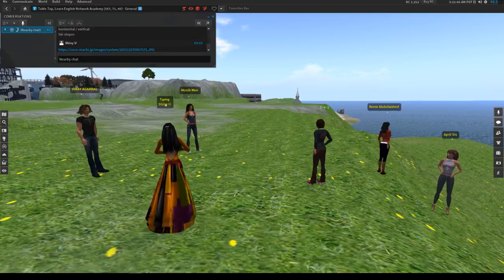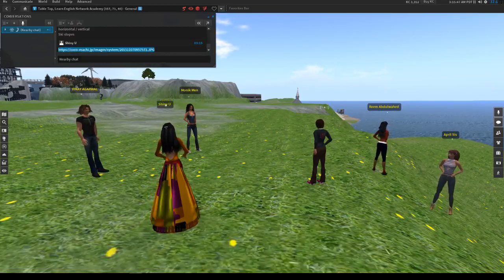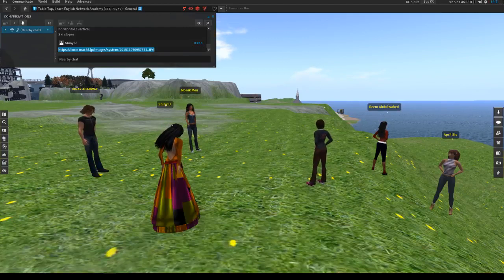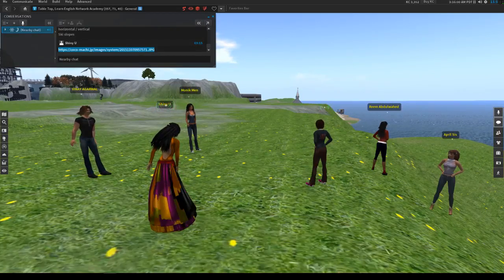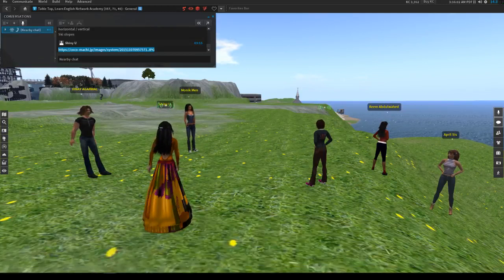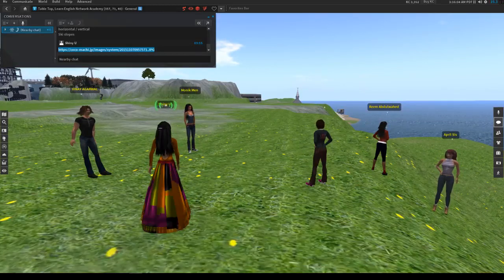Let's have a look what Shiny's showing us. Oh, pretty. But nice. I thought a cliff would be bigger.